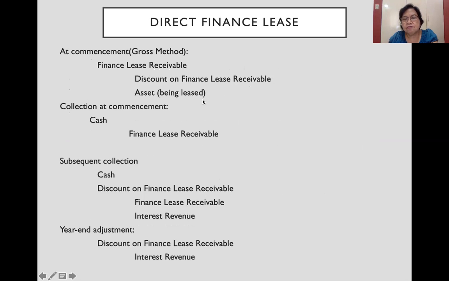Credit the asset, of course, at carrying value, but the present value of the finance lease receivable equals the carrying value of the asset. So the difference between these two, this is at gross, this is at present value. So the difference between the gross and the present value is the amount of finance revenue that is earned over the lease term, which shall be recognized initially as discount on finance lease receivable.